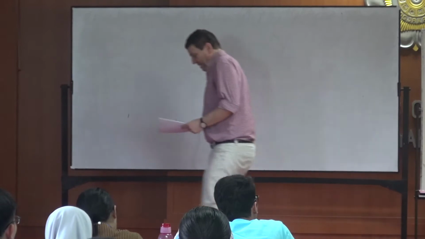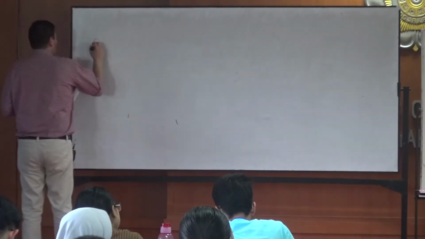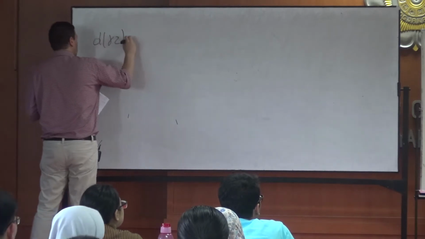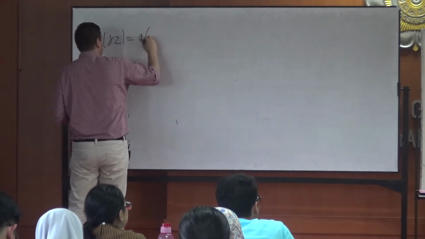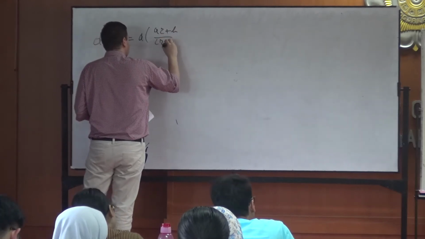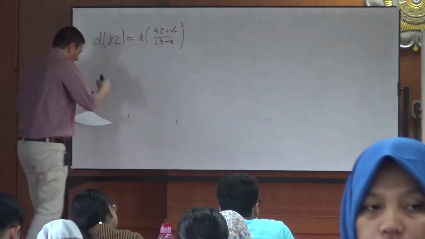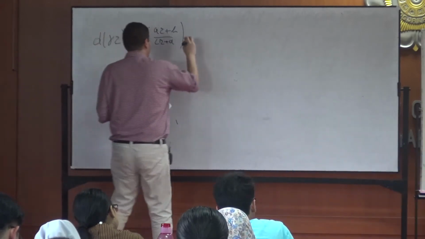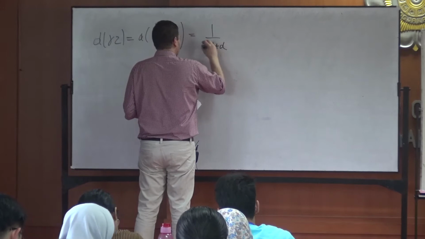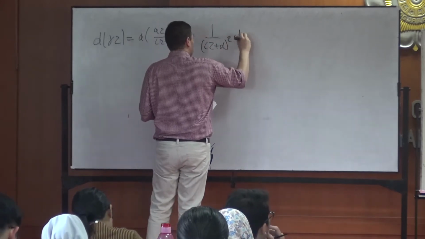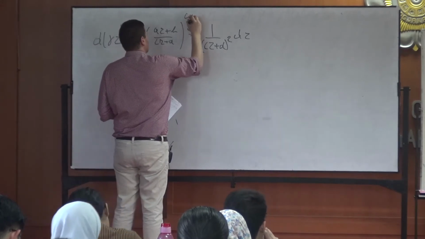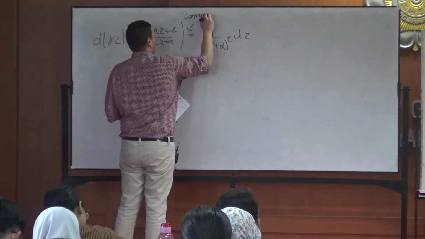If you take the differential of gamma tau, this is the differential of (a tau plus b) over (c tau plus d), then if you do all the computation, you end up that this is just 1 over (c tau plus d) squared d tau. Here you have to do some computation. You just have to differentiate.